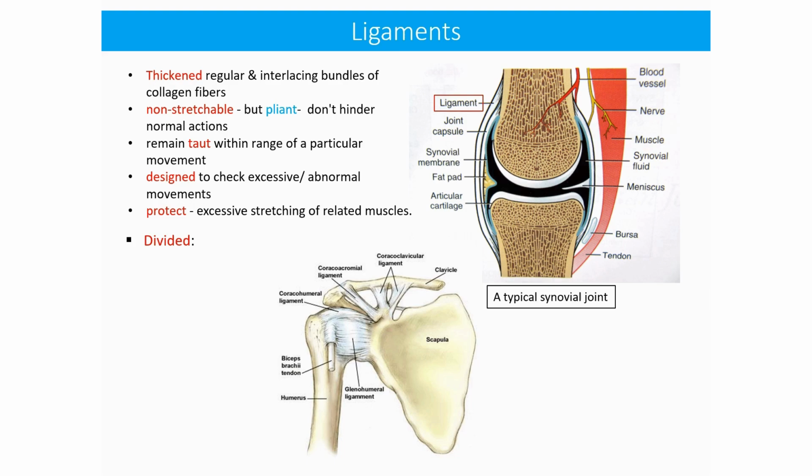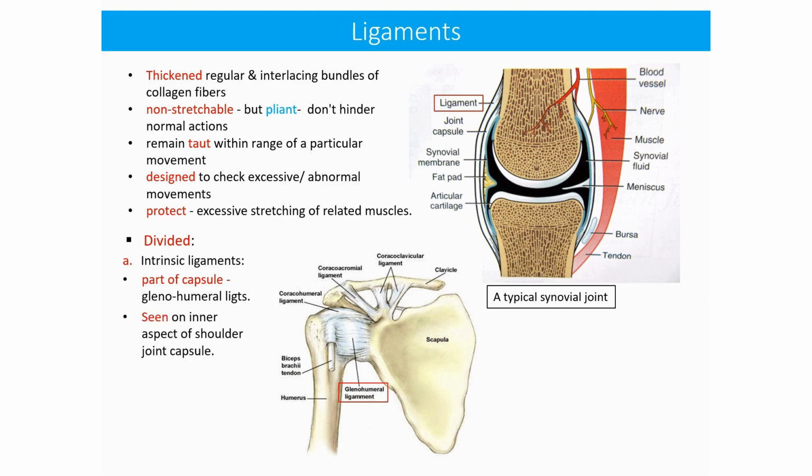They are divided into intrinsic and extrinsic groups. The intrinsic ligaments are part of a capsule, such as the glenohumeral ligaments, which are seen on the inner aspect of the shoulder joint capsule after opening it.